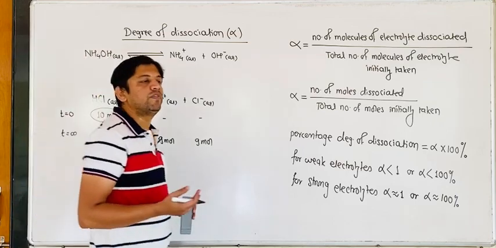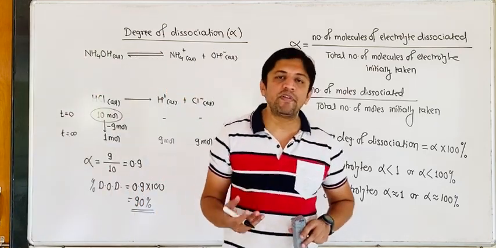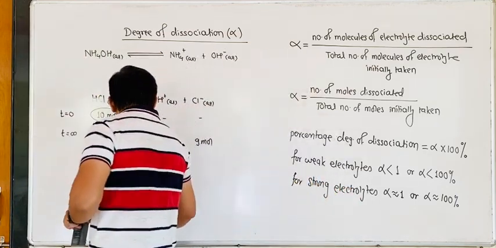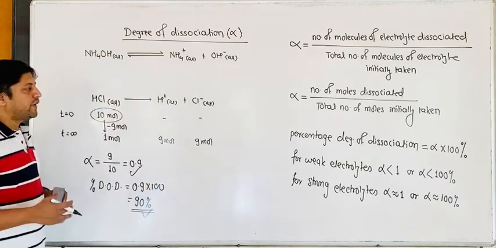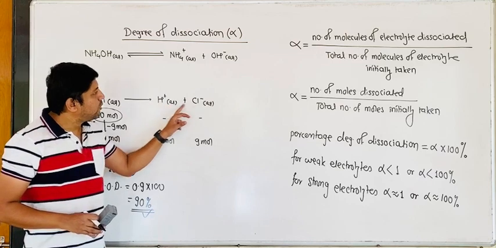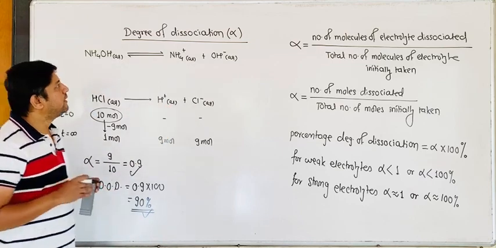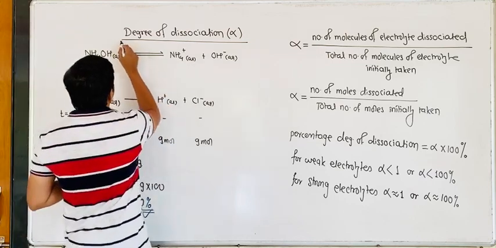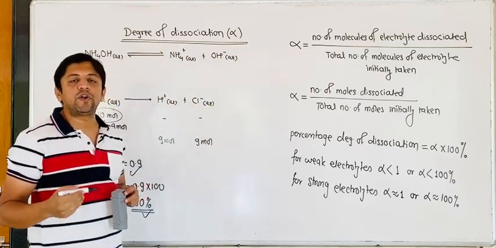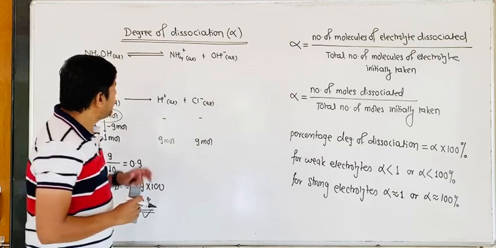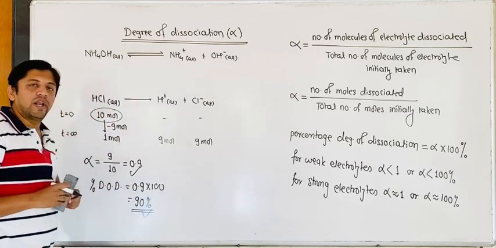Alpha equal to 0.9 also represents a strong electrolyte which has a greater tendency to ionize into its own ions. So, in simple terms, degree of dissociation is nothing but a measure of the extent of ionization of a weak or strong electrolyte.